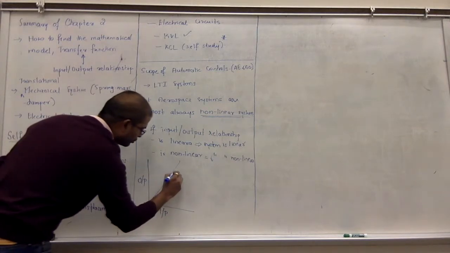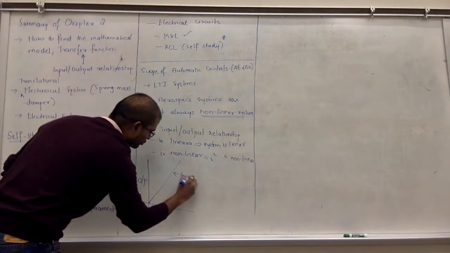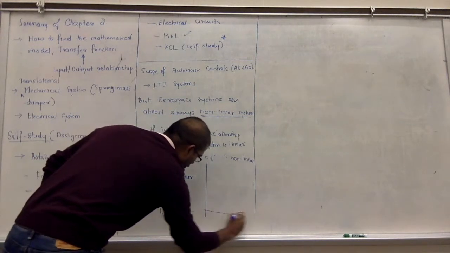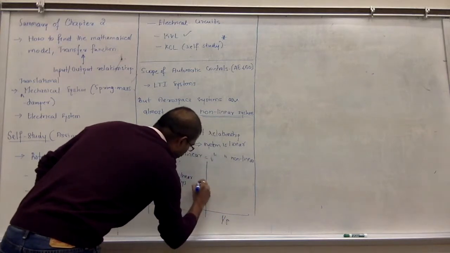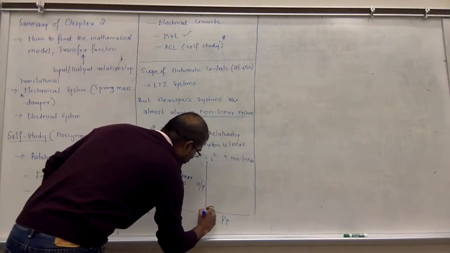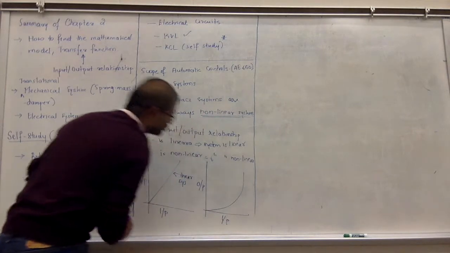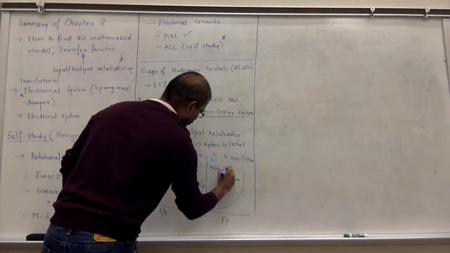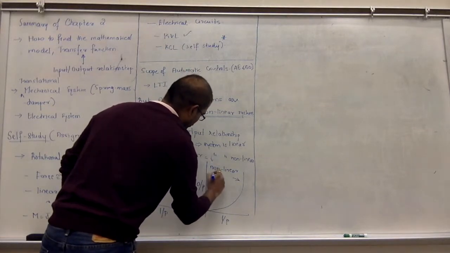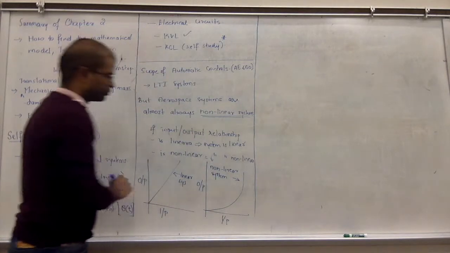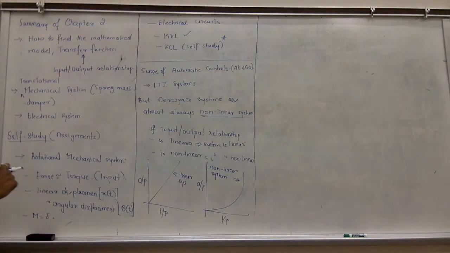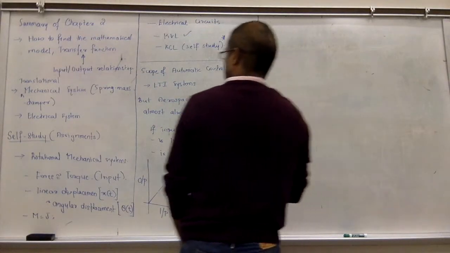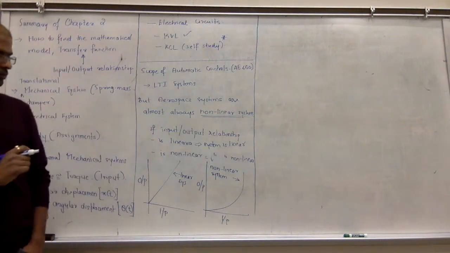This would be a linear system. Okay. Non-linear again, input. This is just an example. The non-linear. And that goes back to when we developed equations of motion.